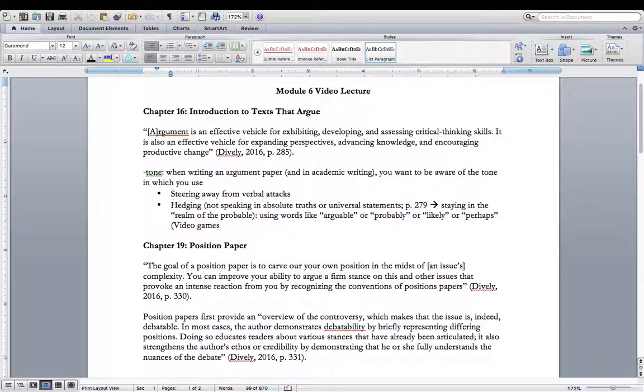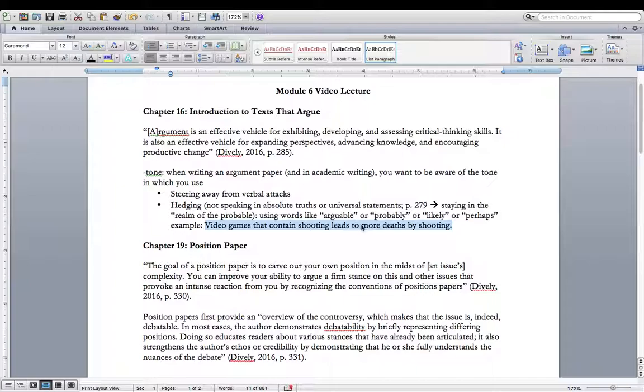Video games that contain shooting lead to more deaths by shooting. That statement would be me positing something like it's a universal truth.